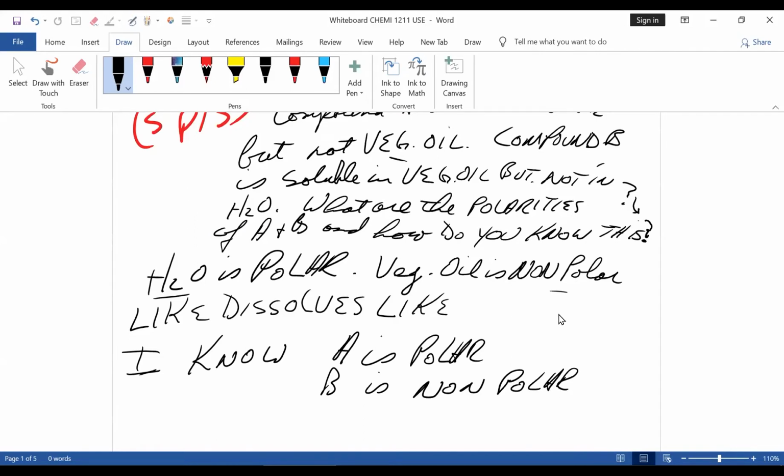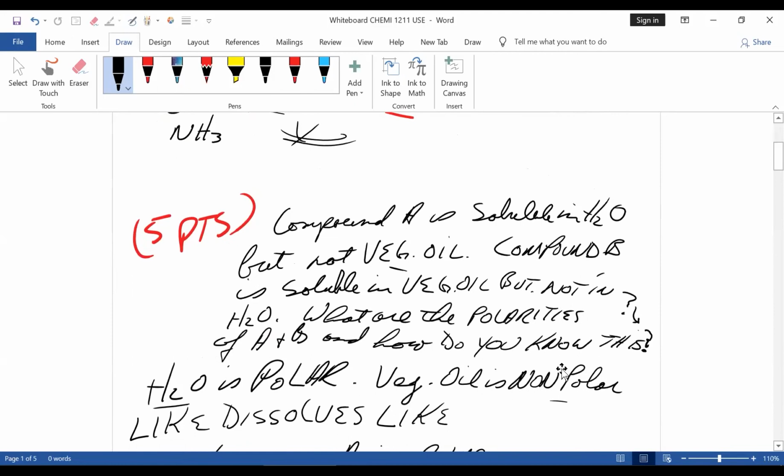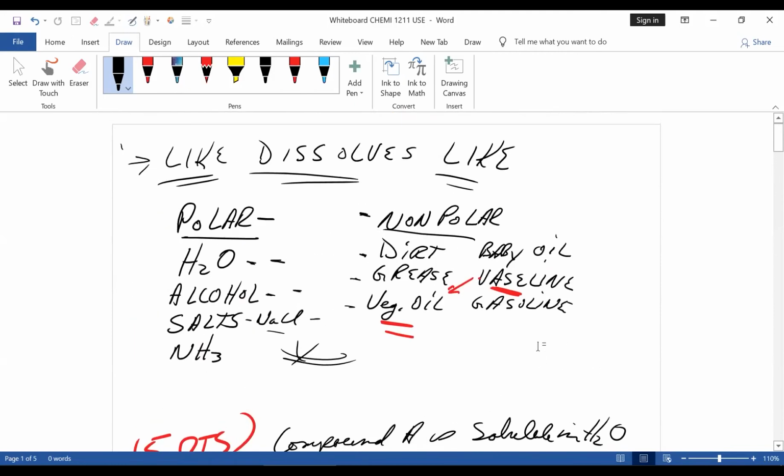And this is one of the most fundamental principles I've worked with in organic chemistry, in the areas I worked in, that has helped me: understanding like dissolves like, and knowing water is polar, so are alcohols, so are salts, so is ammonia. Nonpolar: dirt, grease, baby oil, Vaseline, gasoline, vegetable oil.